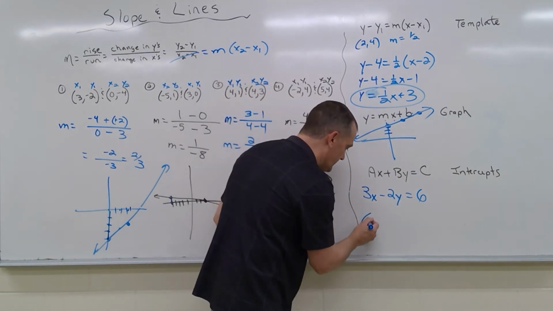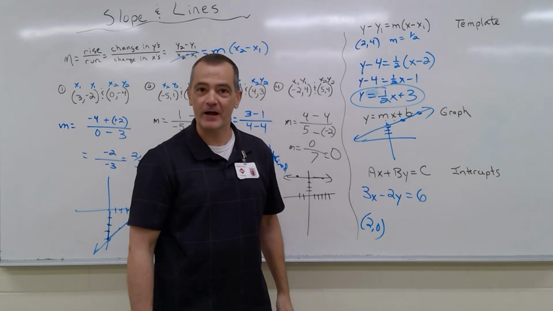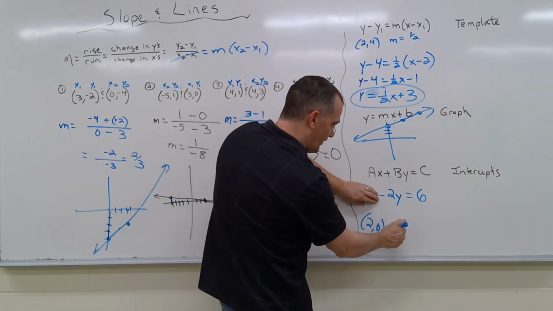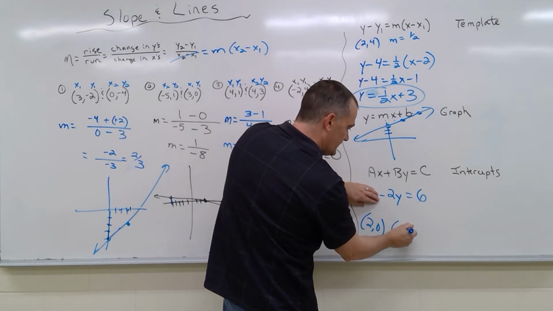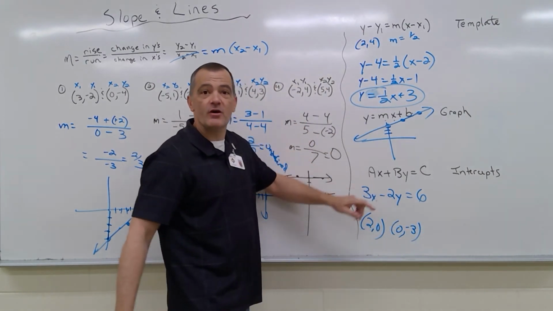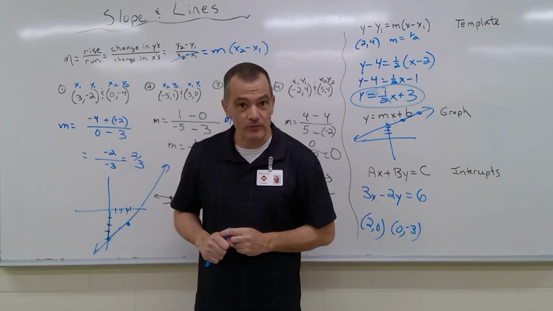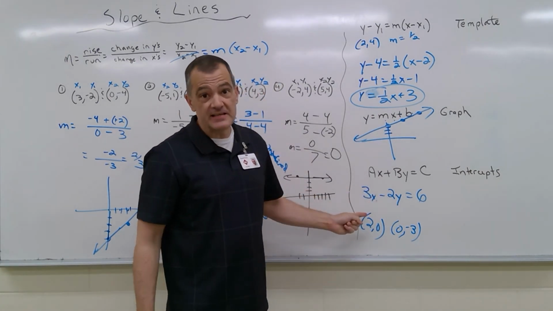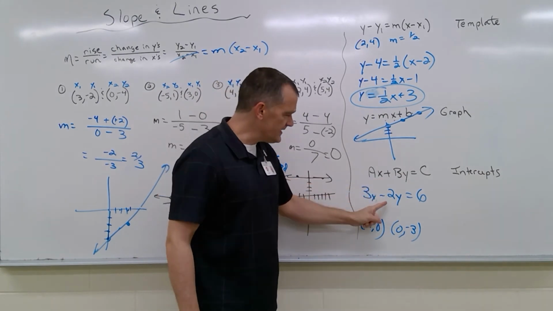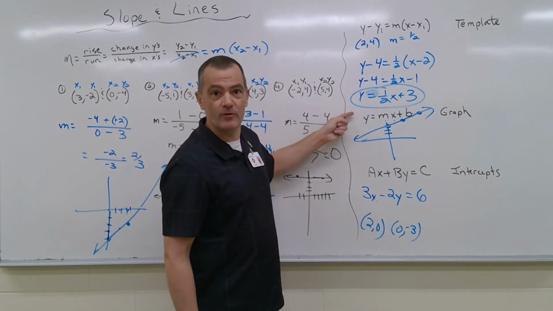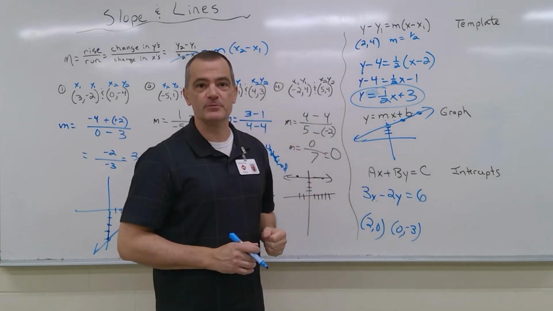The ordered pair 2, 0 is on that graph. If I let x equal 0, I notice that to solve this, I've got y equaling -3. So I've instantly found both the x and y intercepts using standard form, which means it's actually easy to graph too. I could take this and solve it for y and put it back in slope-intercept form, so all these forms are interchangeable.